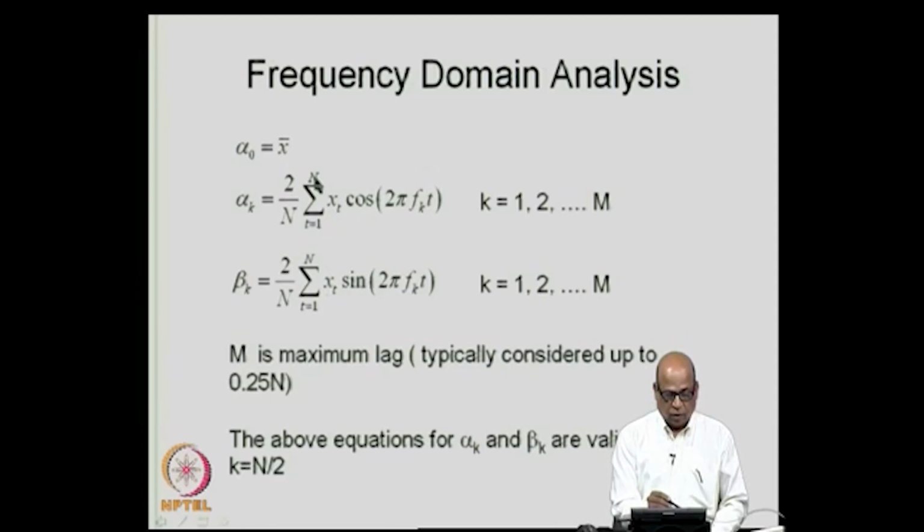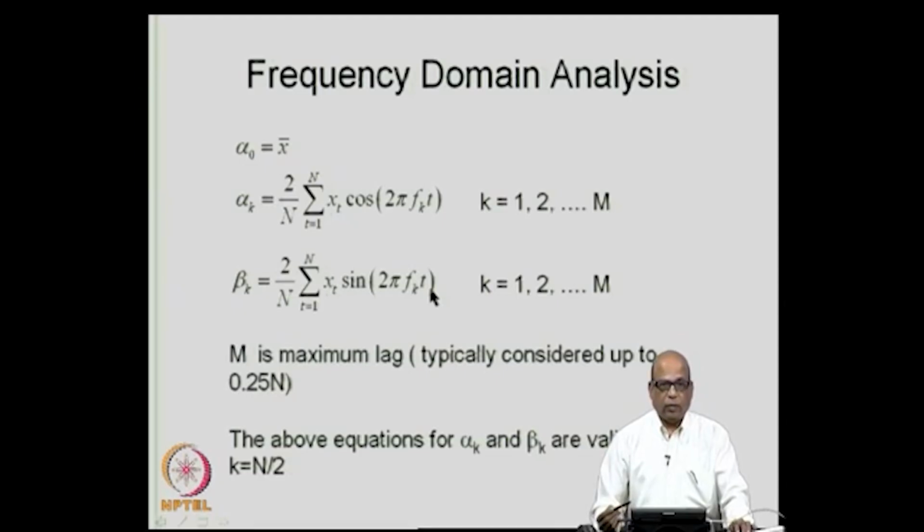You are summing it over all the time periods, t is equal to 1 to n, and this is the original time series x t. F k is the particular frequency that we have determined for that particular k, that is k by n, and t is the particular time period. Similarly, beta k we determine by x t sin 2 pi f k t.